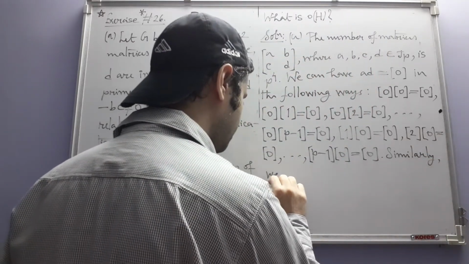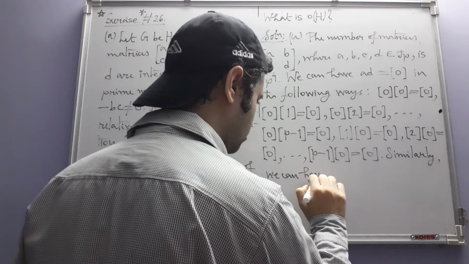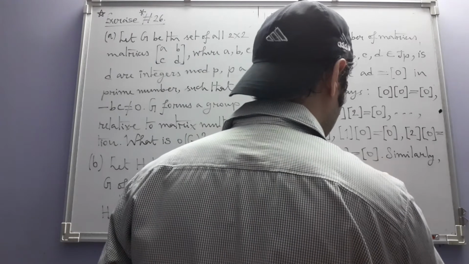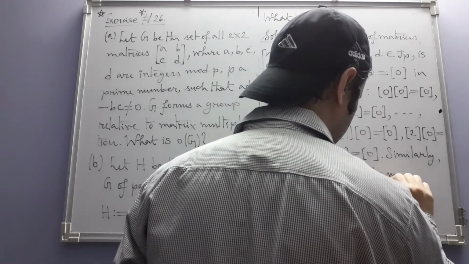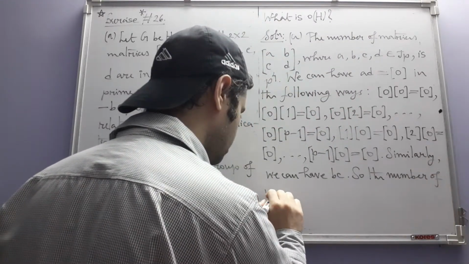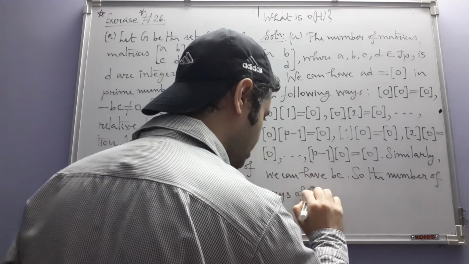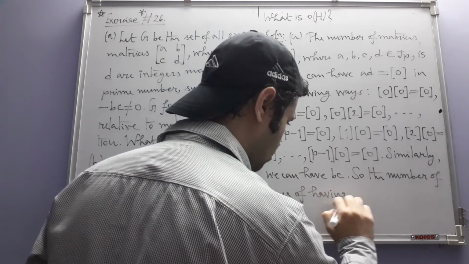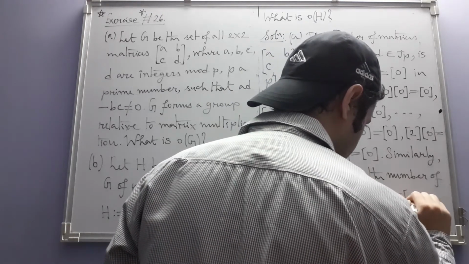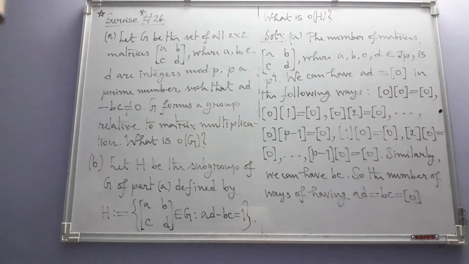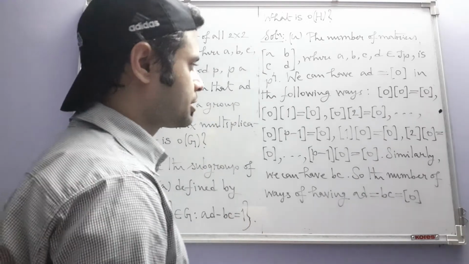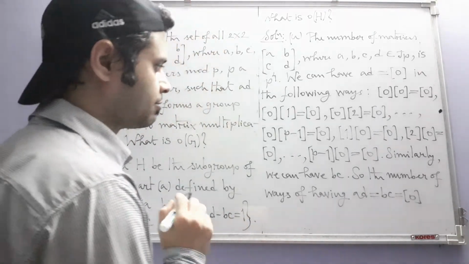Similarly, we can have BC. So the number of ways of having AD equal to BC equal to 0. Yes, now we can calculate the number of ways of having this equation to be true. Both sides are 0. How many possibilities are there? Let us just calculate that first.